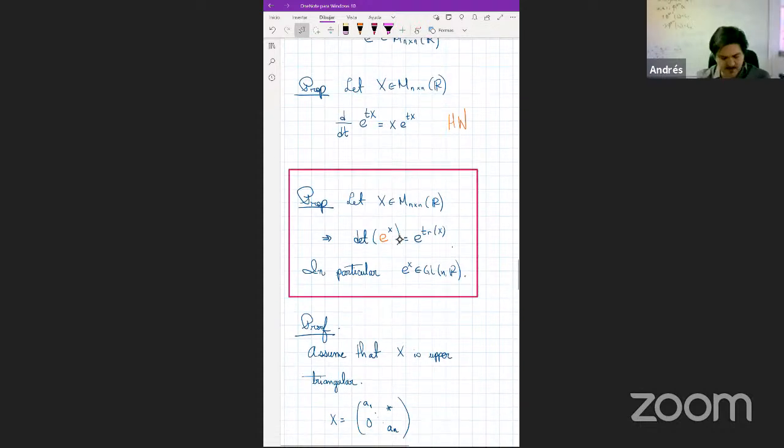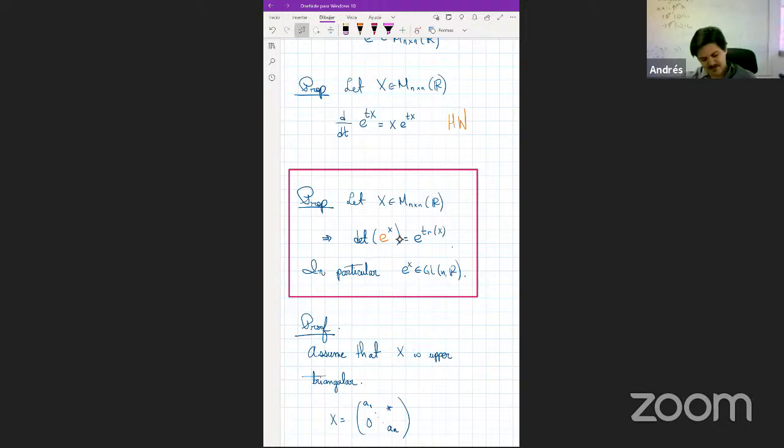I'm going to take an upper triangular matrix. Okay? And let's prove this only for that type of matrices, and then we will prove it for any X. And it is a very nice proof, with computations and many aspects of linear algebra.